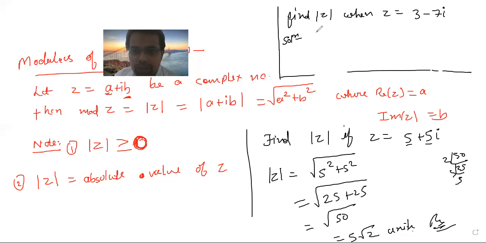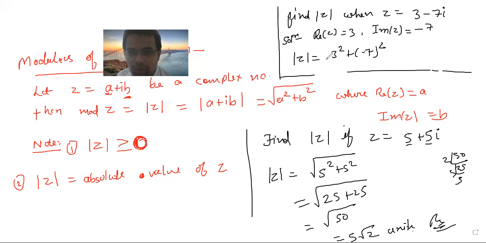The real part of z is 3, and what is the imaginary part? Minus 7, correct. So mod z will be root over 3 square plus minus 7 square, which is root over 9 plus 49, that is root over 58. So root over 58 units.